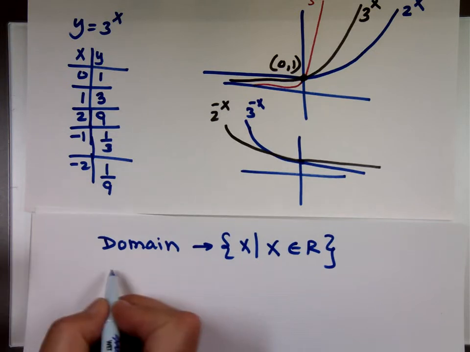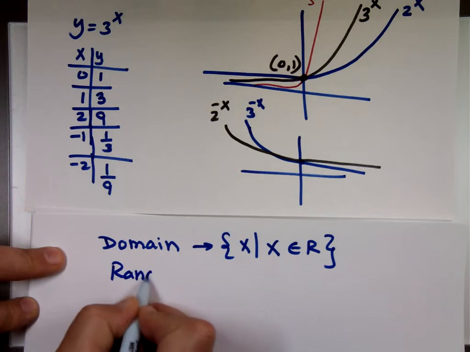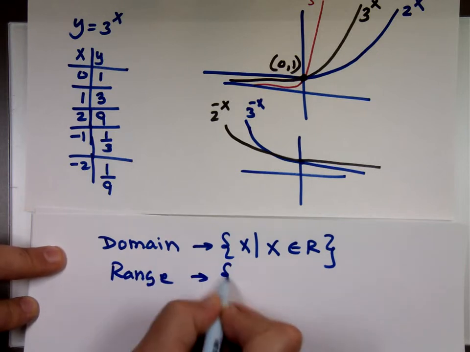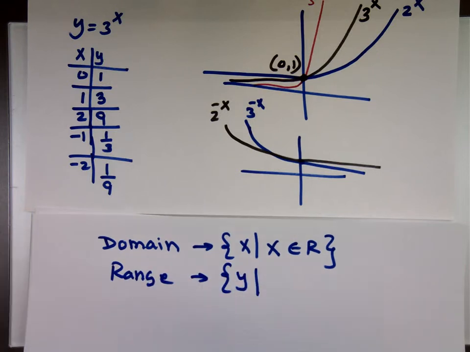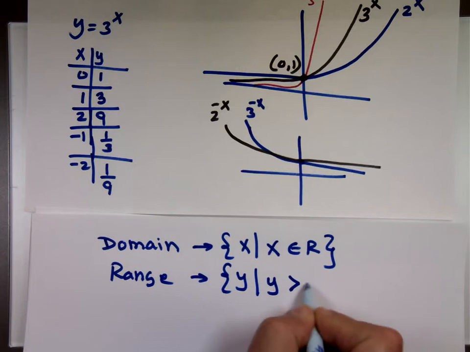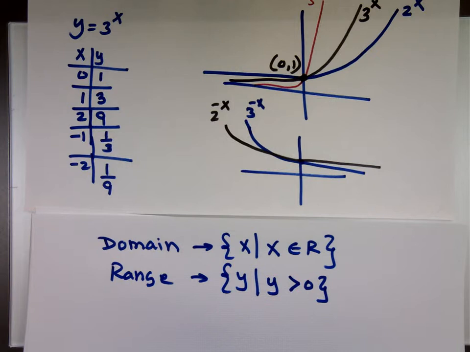What do you notice about the range? Is the 0 included? No. Good. Y is greater than 0. It never hits 0.